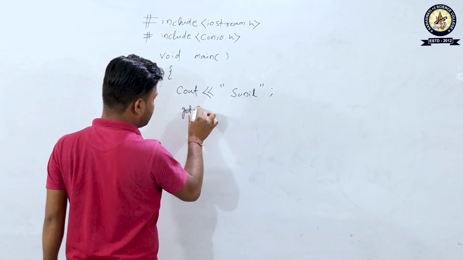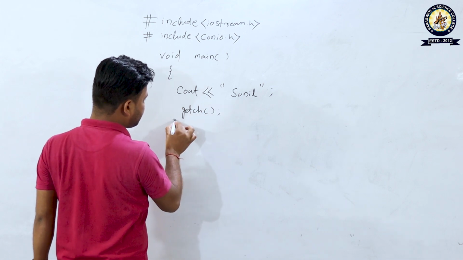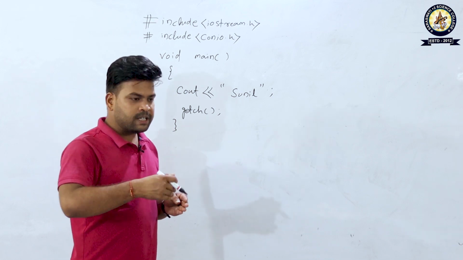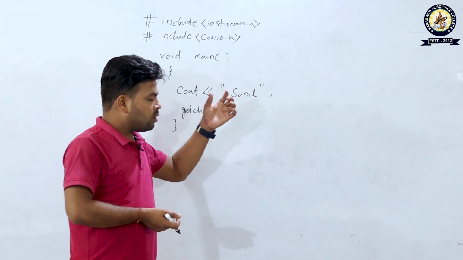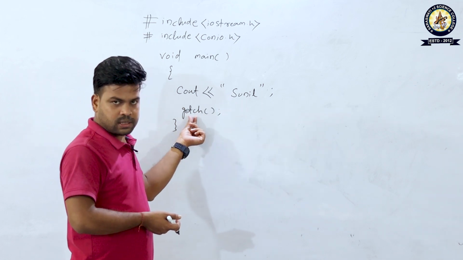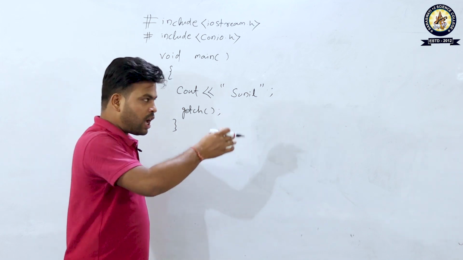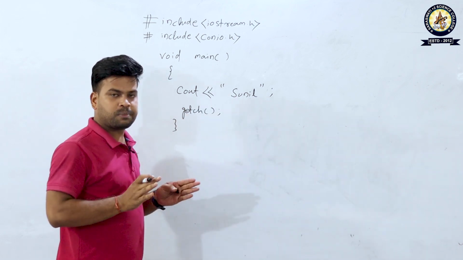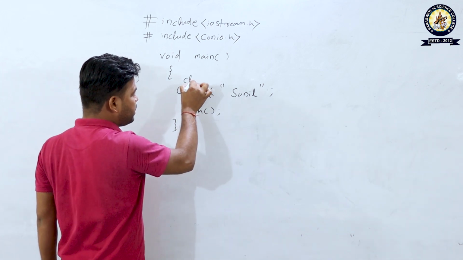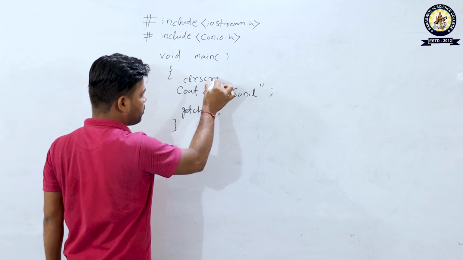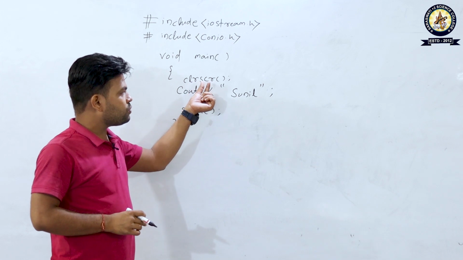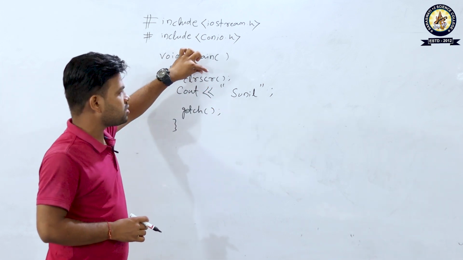Then after that you have to use getch. What is the purpose of getch? If you want to display whatever you want in the output window, you have to use getch. So to display the output, we use the getch function. One more thing is that you can use the clrscr function, which means clear screen.